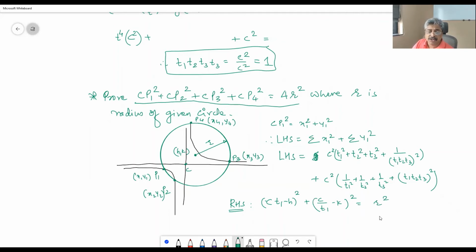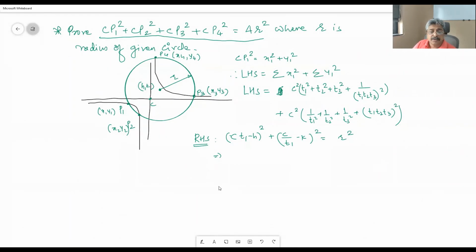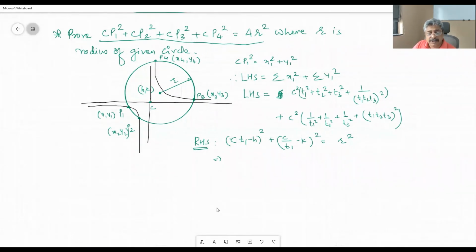Okay, so we want 4r square, therefore we have to add them, and after expanding and adding, what will happen? Let us see. So I will get c square times t1 square plus t2 square plus t3 square plus t4 square, which is actually the square of t1 plus t2 plus t3.